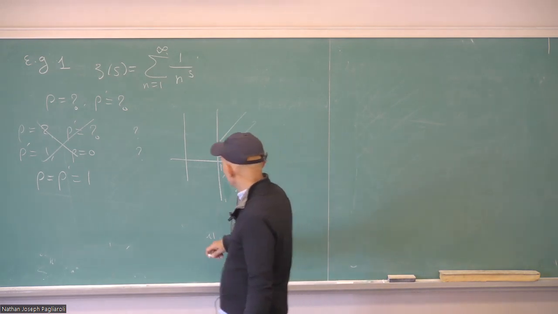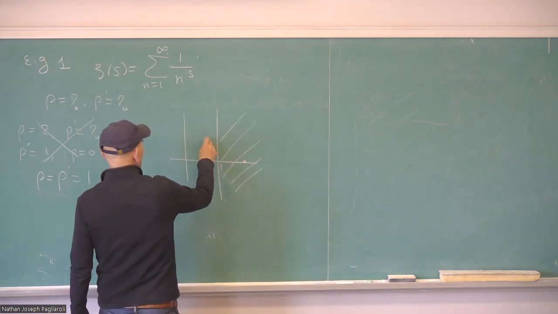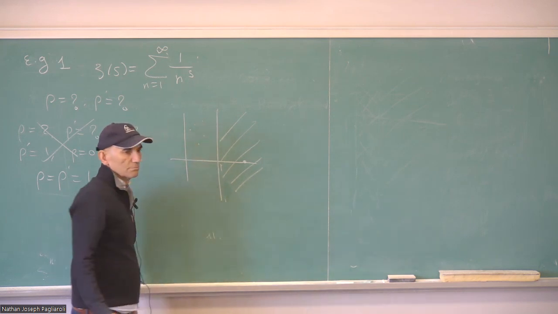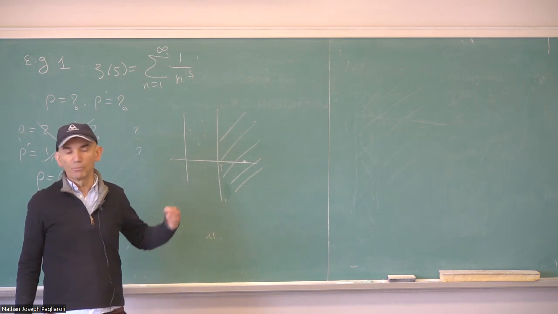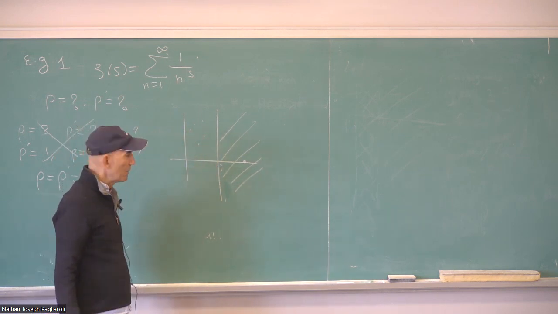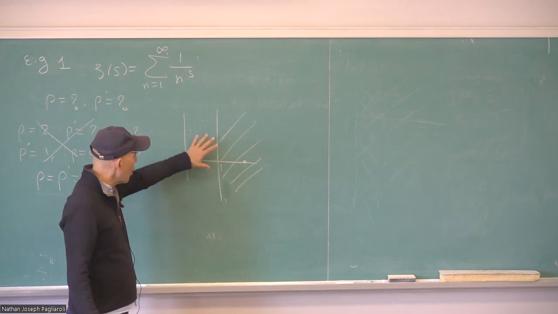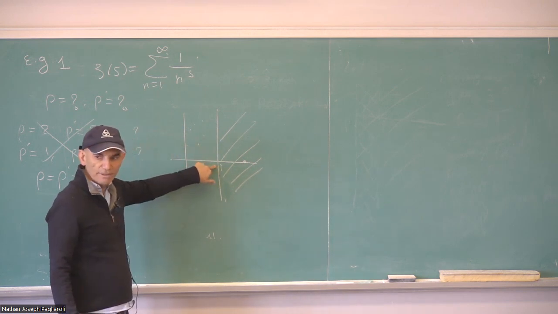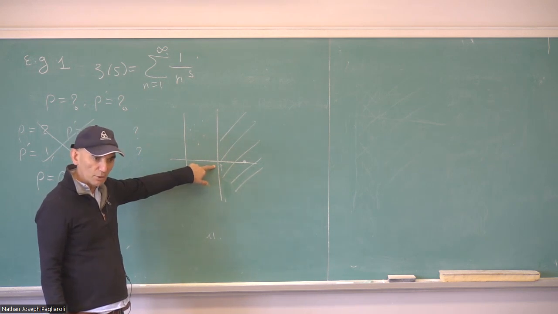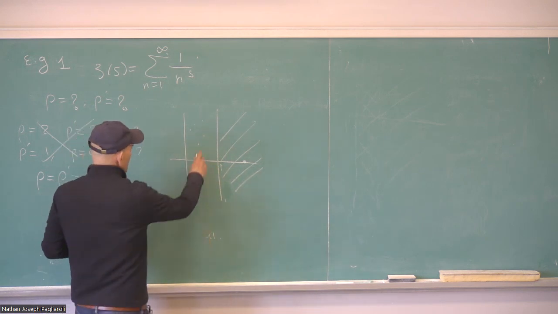But now I claim that it cannot be convergent at any point to the left. I'm saying it is divergent at all points where the real part is less than 1. Why is that so? The proof is very easy.